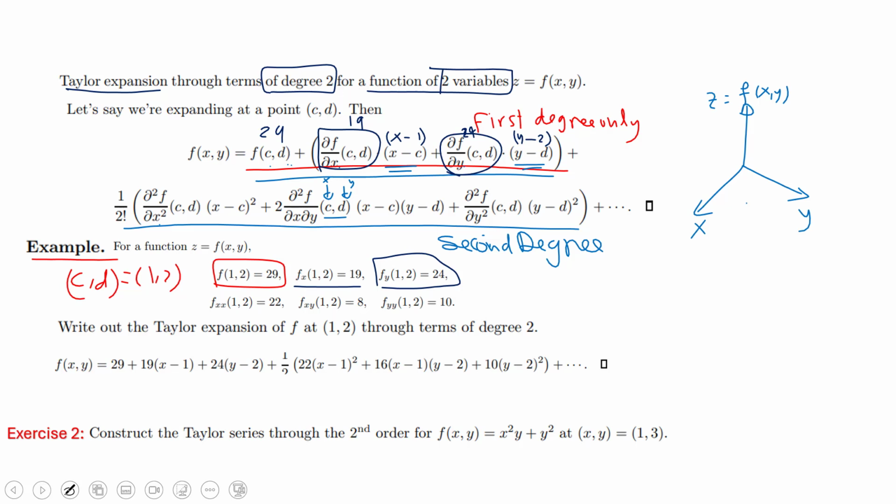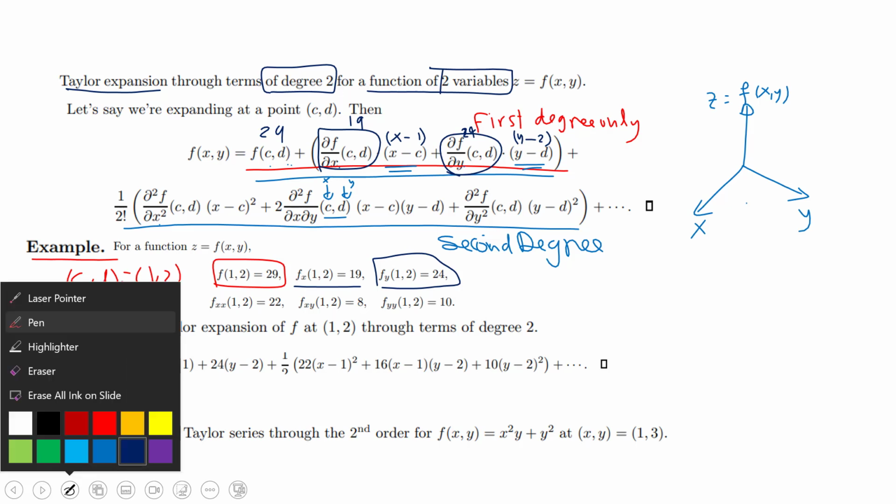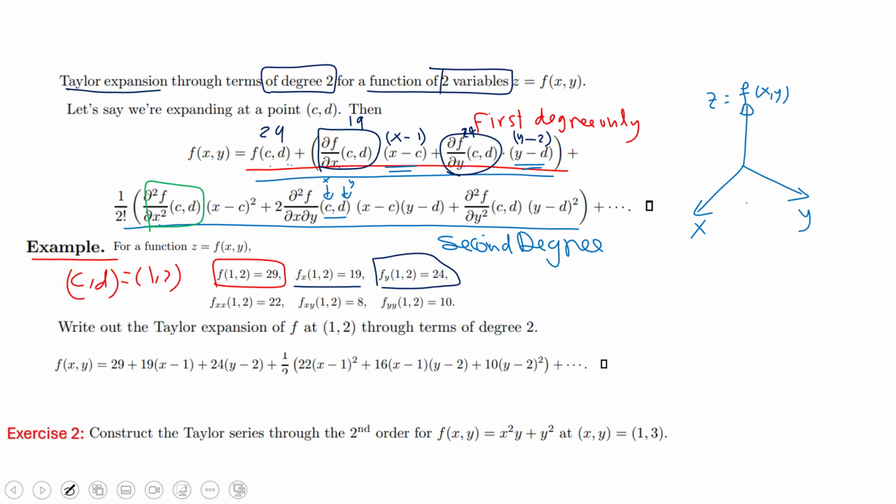1 over factorial 2 is fixed, right? The second derivative, this one, 22, multiplied by x minus c. What is c? Square. This 2 is fixed. This one, how much is it? 10. 8.